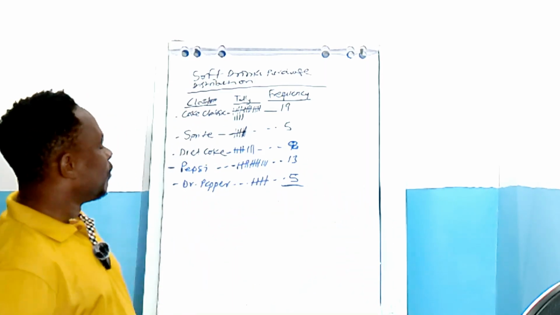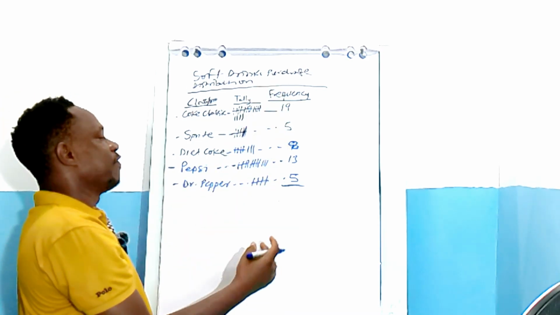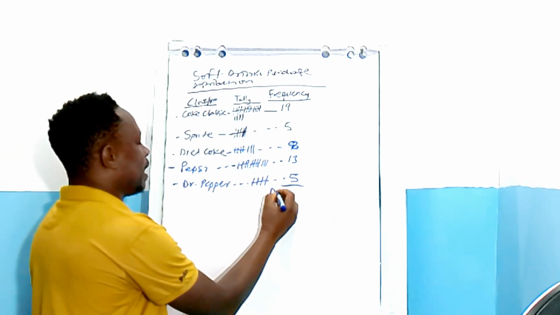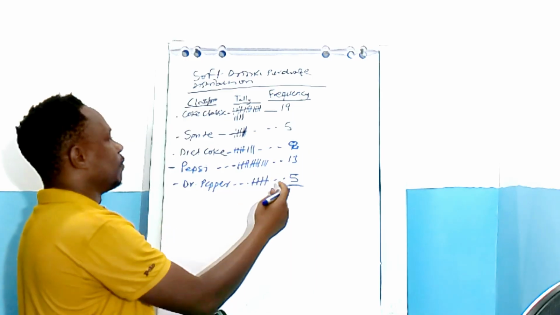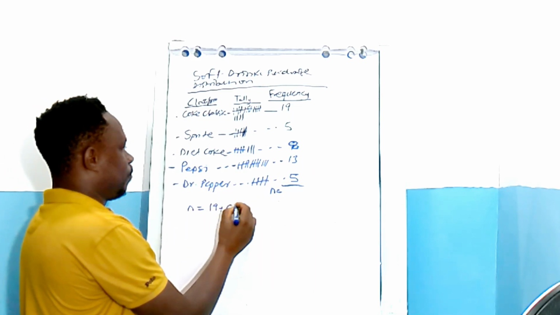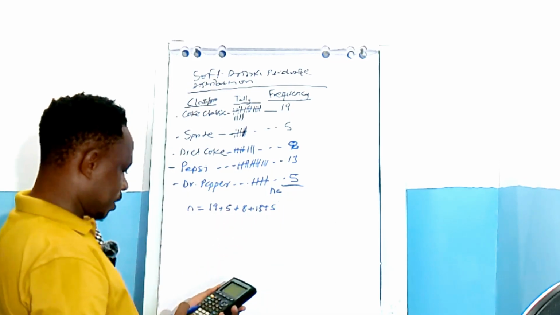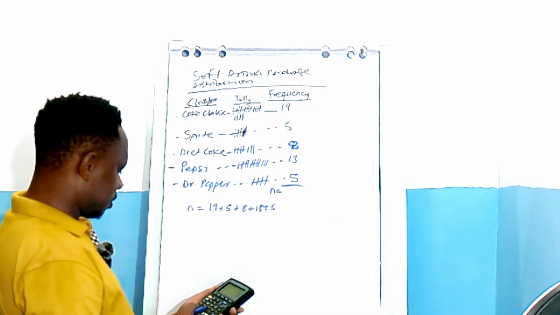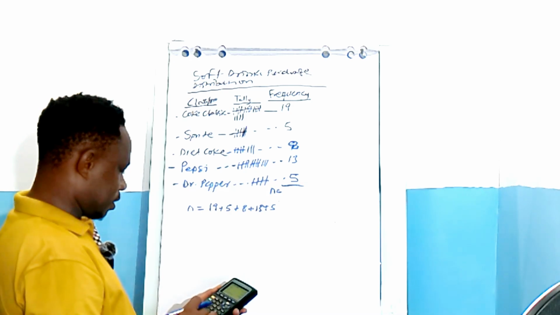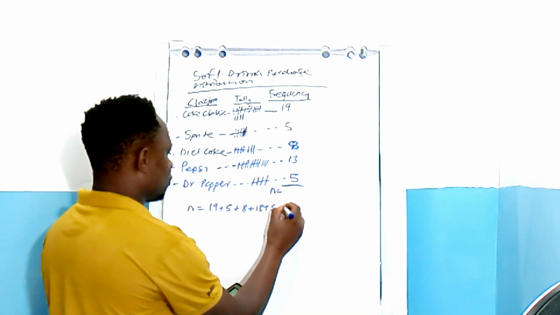After we do the frequency, the first thing to do is to know the sum of those frequencies. If it matches the sample size that you expected, then you know you are right. So our n will be equal to 19 plus 5 plus 8 plus 13 plus 5, which is equal to 50.